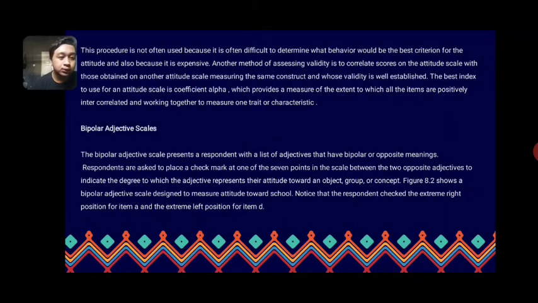Figure 8.2 shows a bipolar adjective scale designed to measure attitude towards school. Notice that the positive response takes the extreme right position for item A and the extreme left position for item D.